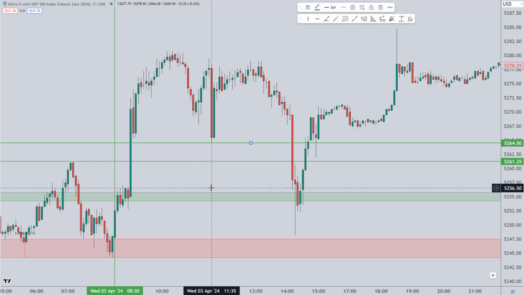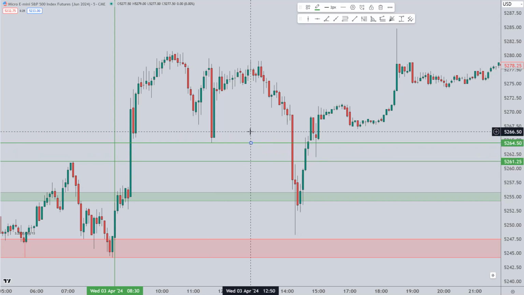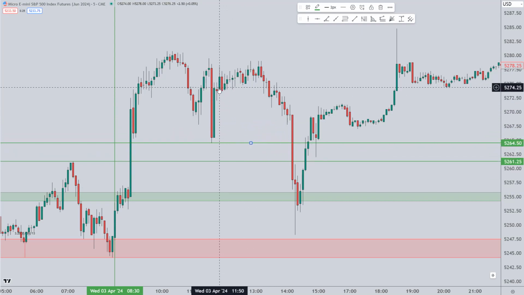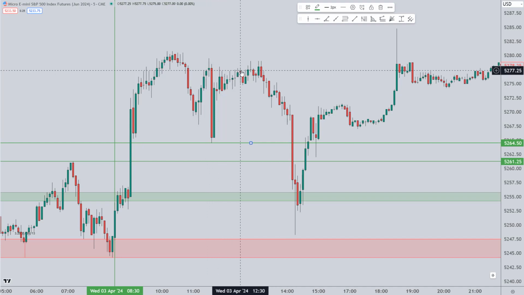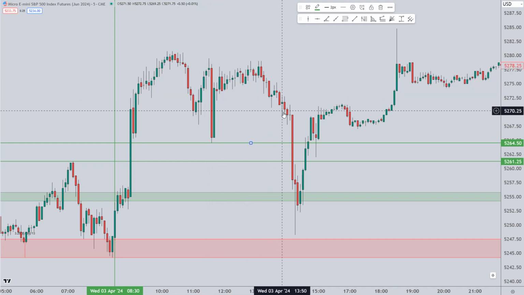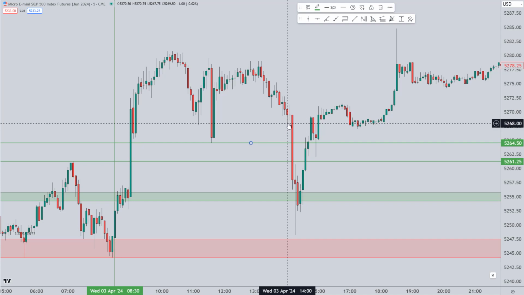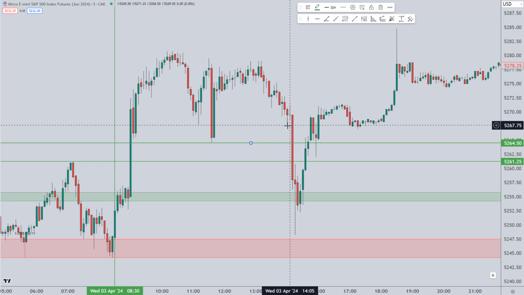So for this past Wednesday, April 3rd, we really just had one setup with our system, and we were stopped out at about a 10-point loss. Now, if we had not been stopped out, because the market didn't go back quite high enough, and we continued until right around 2 o'clock, which is right here, we would want to get out of the market, so we would be essentially right around break even.